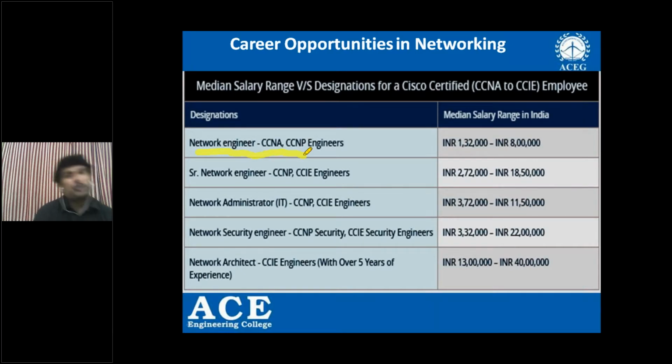And when you get 2 or 3 years of experience in this networking field, you move to a profile called senior network engineer, and here you can earn salaries up to 18.5 lakhs, right?